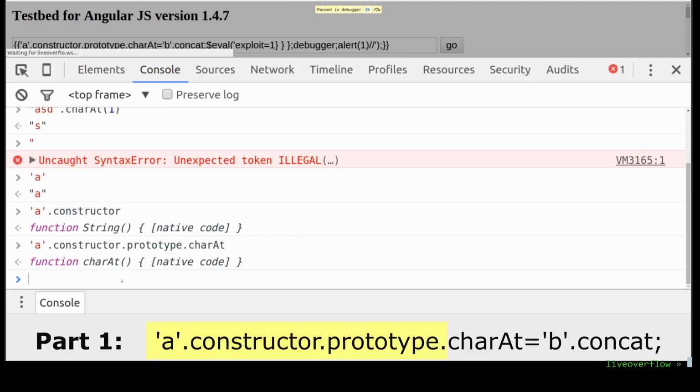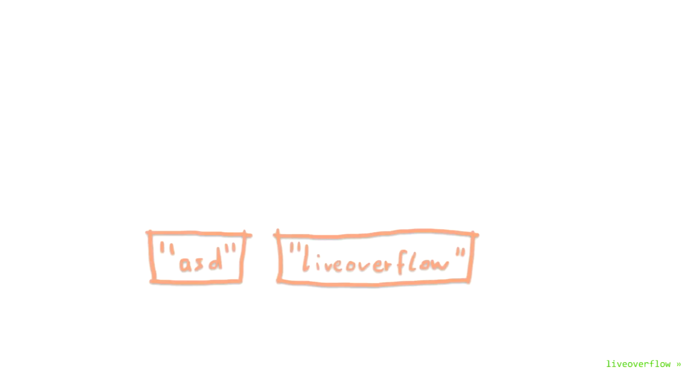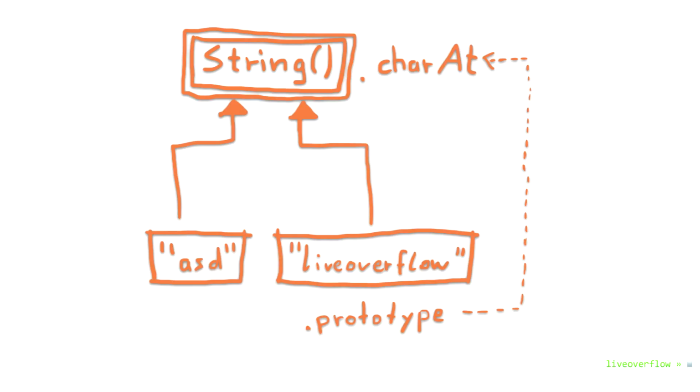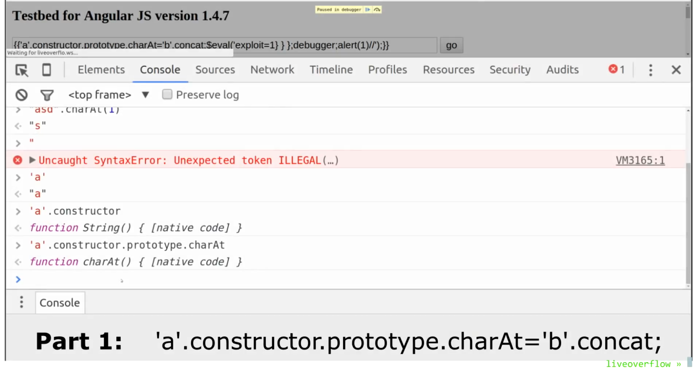And prototype is fancy JavaScript. Every string we use is a descendant from the String object. And prototype can be used to reference the actual function or method that is inherited by all string objects. So we are now referencing the charAt function that all other strings inherit. And now the exploit wants to assign something different to that method.